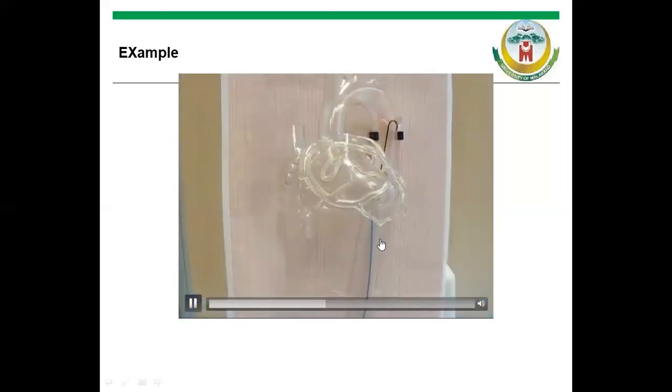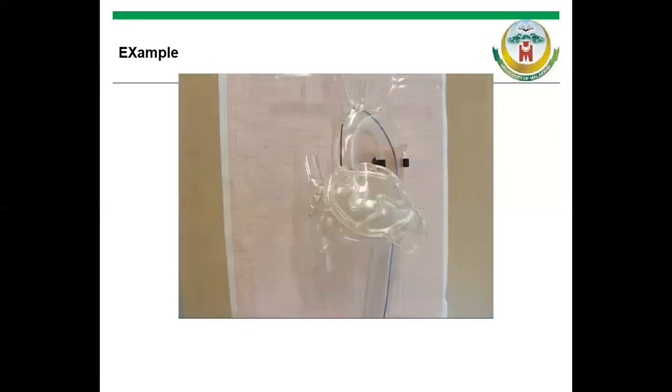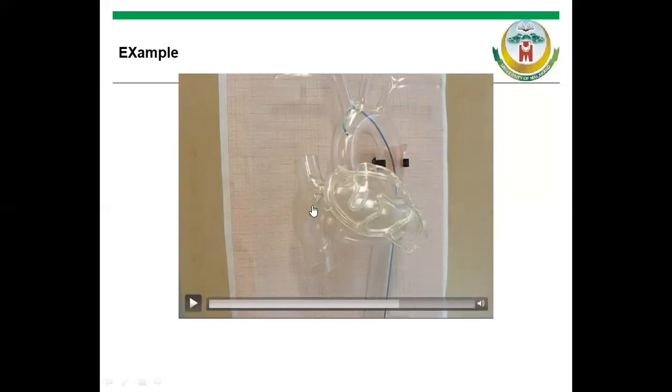Now the point which I want to emphasize is that instead of the human body, we have used this plastic model for demonstrating this procedure. These are the heart chambers, and this is the main artery through which this wire is passed.